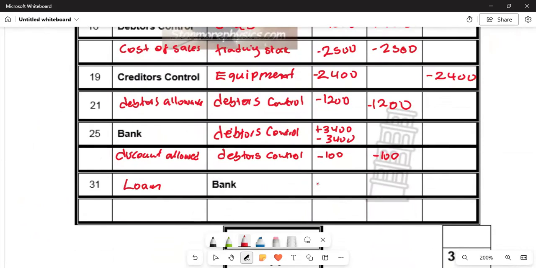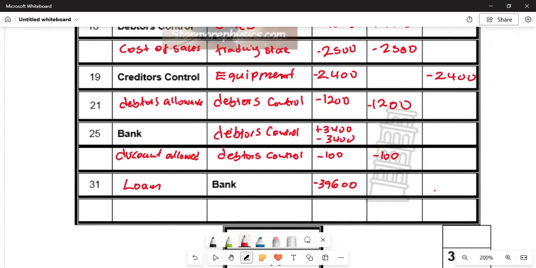So we have said it's how much? 39,600. So we're going to say minus, because for us to pay the loan, it means we're going to pay it through the cash. So our assets are going to be reduced by this much.